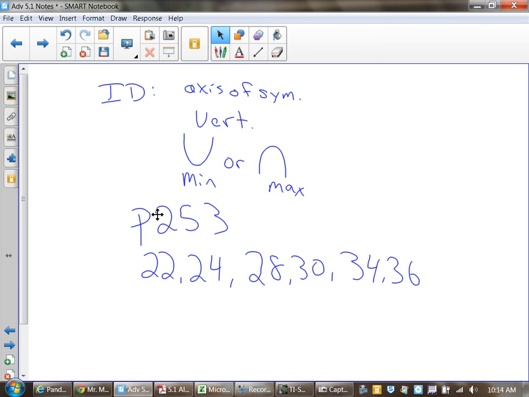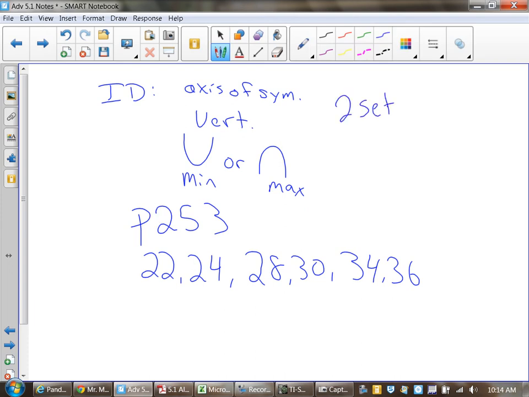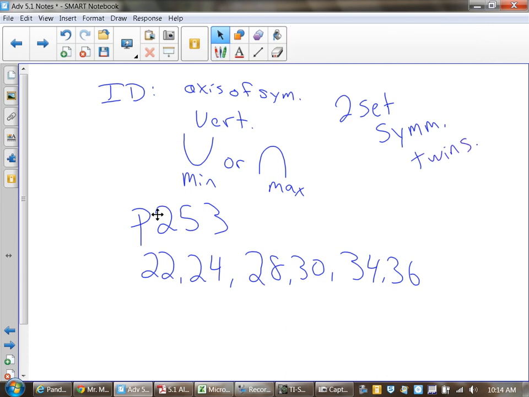It's 2 from each style. Graph them. Axis of symmetry, vertex, is it a maximum or a minimum? And 2 sets, forgot about this, symmetric twins. All right, just to get you in the habit of that. If you use your graphing calculator to get your symmetric twins, it's not the end of the world. All right, we'll talk about how to switch between the 2 forms tomorrow.